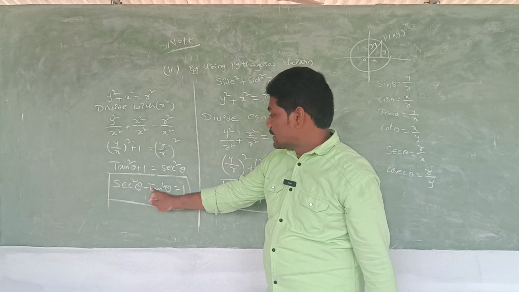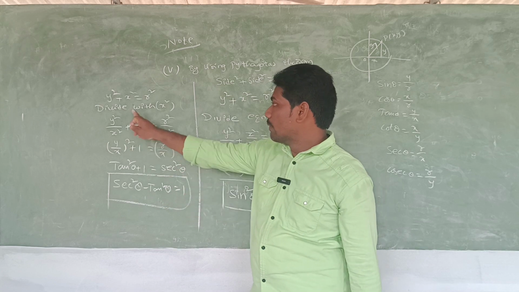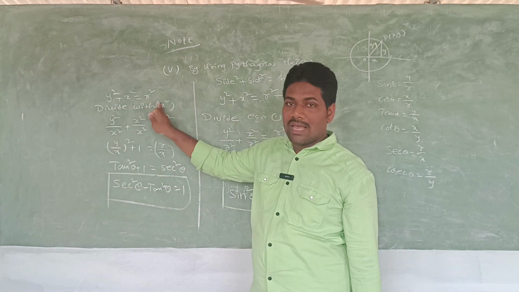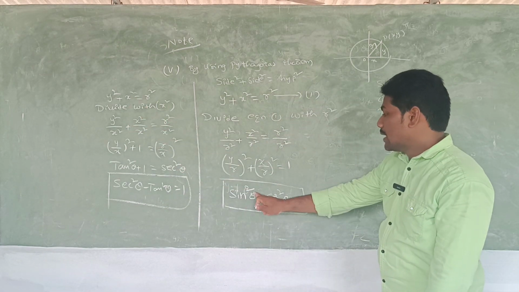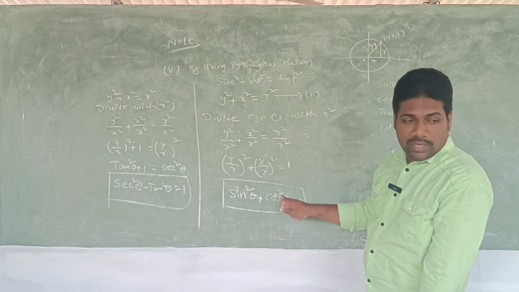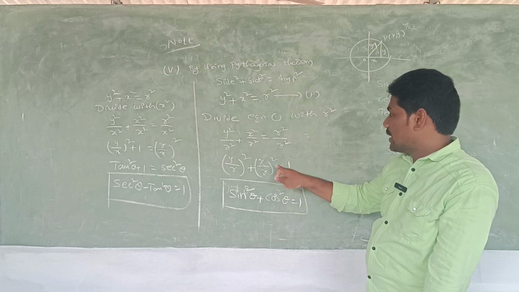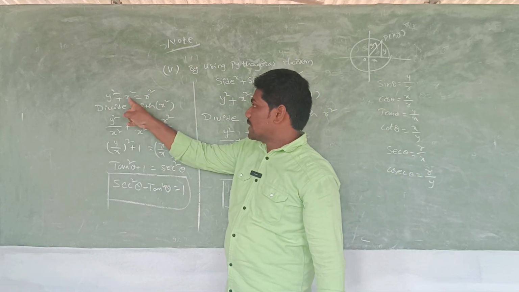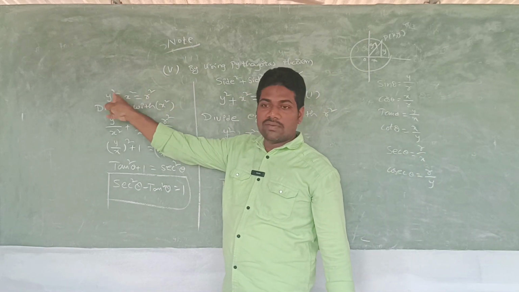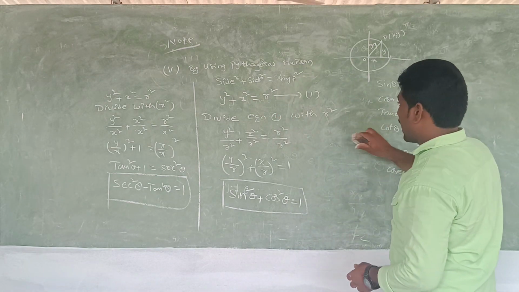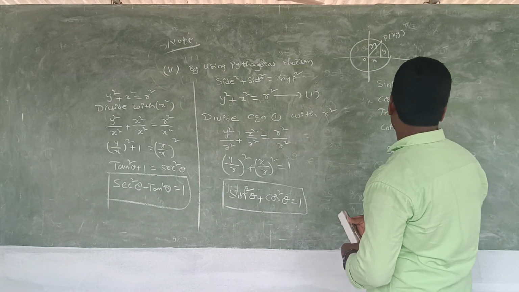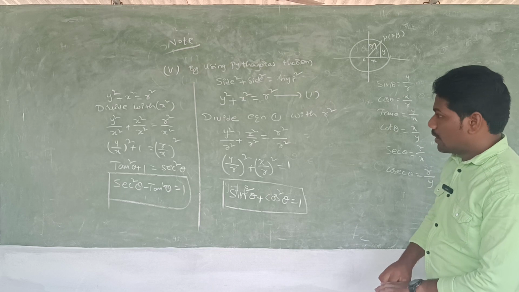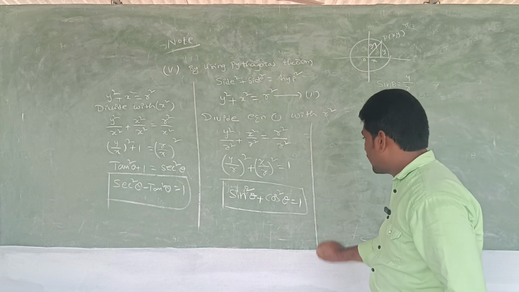When we divide equation 1 with x square, we get secant square theta minus tan square theta equal to 1. When we divide with r square, we get sin square theta plus cos square theta equal to 1. Now the final division is with y square.